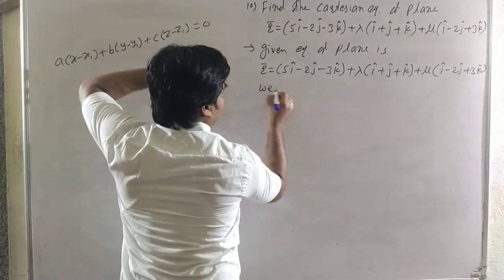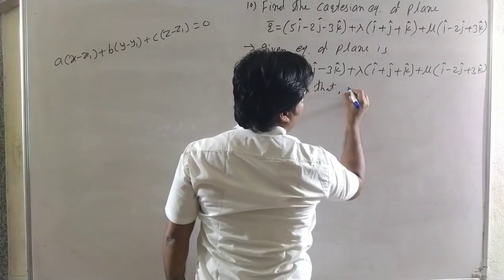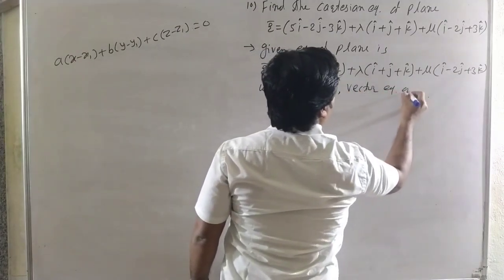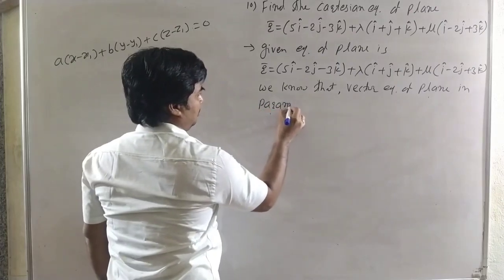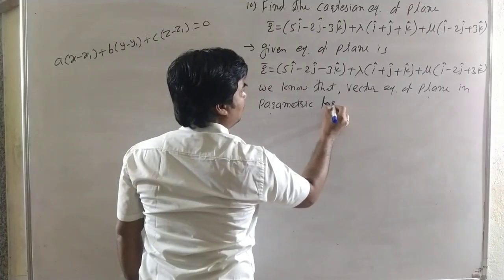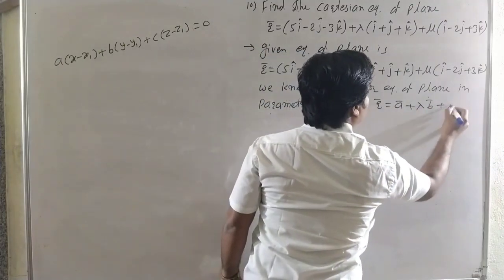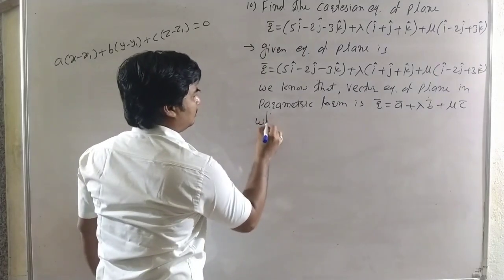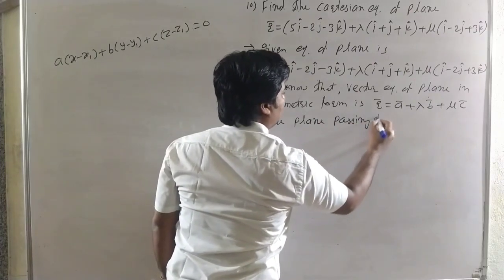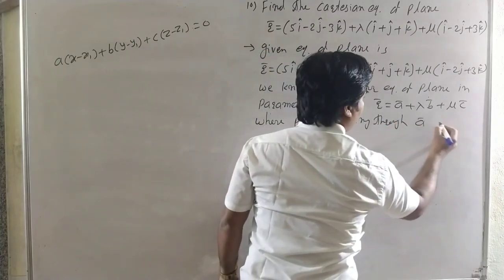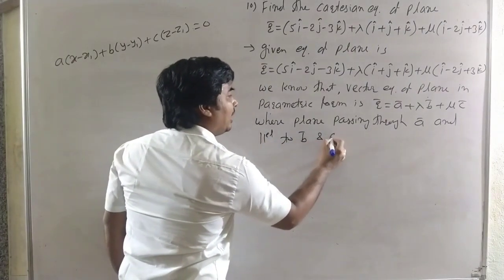We know that the parametric vector equation of a plane is r bar is equal to a bar plus lambda b bar plus mu c bar, where the plane passes through a bar and is parallel to b bar and c bar.